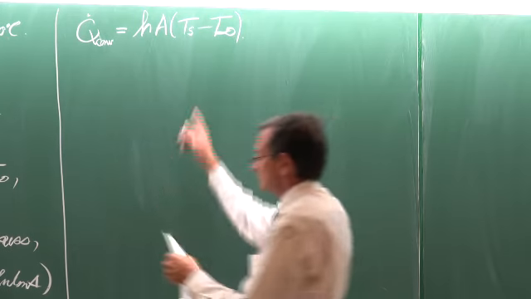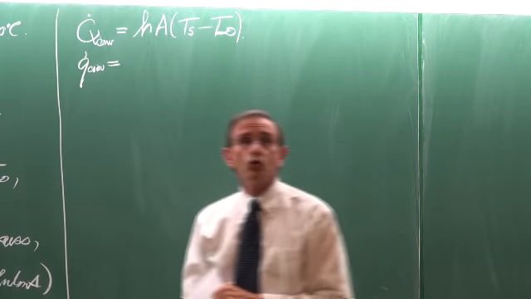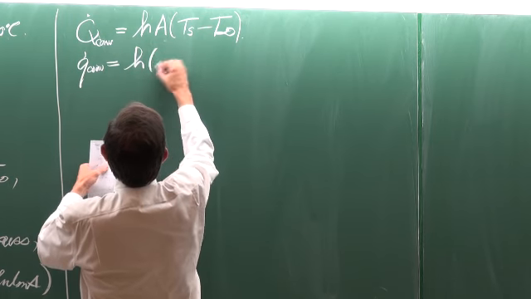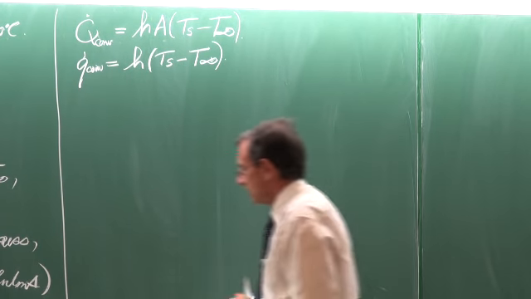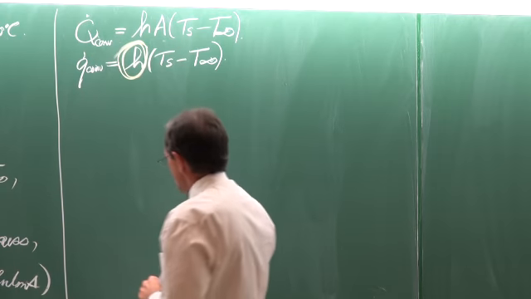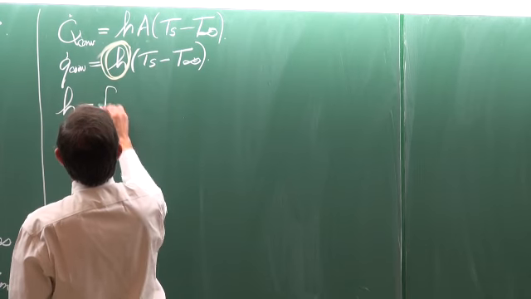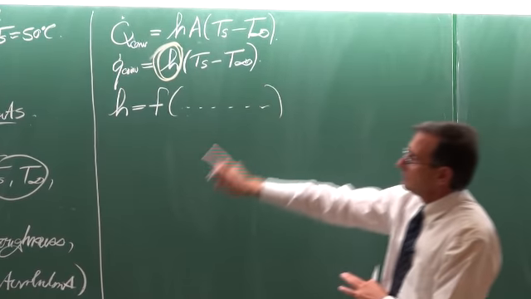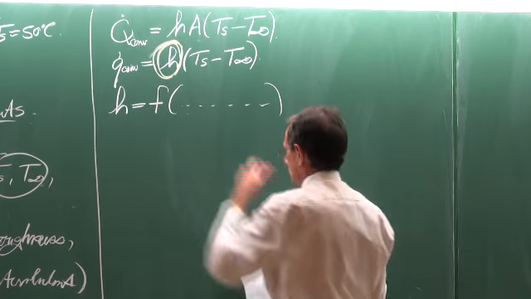Or you can write it as the heat flux of convection, divided by the area, is equal to the heat transfer coefficient multiplied by Ts minus the free stream temperature. Where this heat transfer coefficient is now a function of all these things that we've discussed on this side, except now surface temperature and the free stream temperature. So he made it very, very simple.